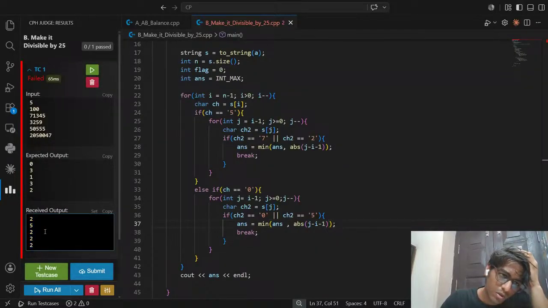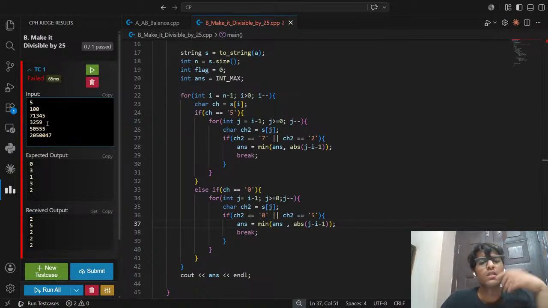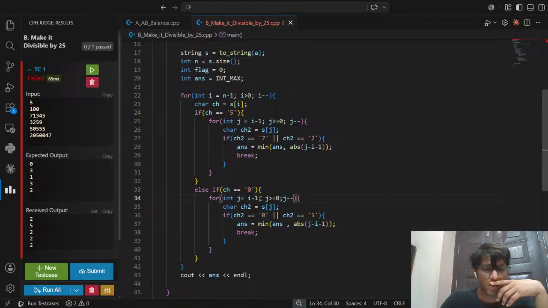Answer is coming 222. What did it even find? Like in 100, CH is 0. So I is j of i minus 1. If char CH is equal to 0, which means J is i, 0, 1, 2.